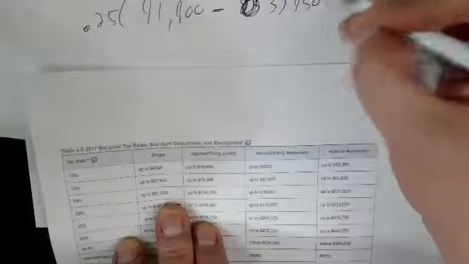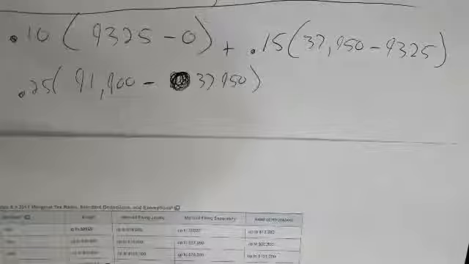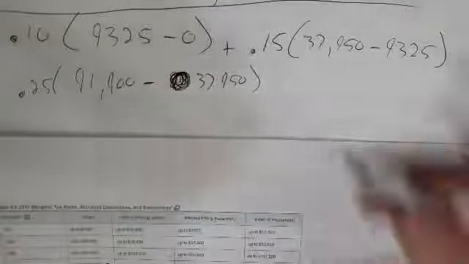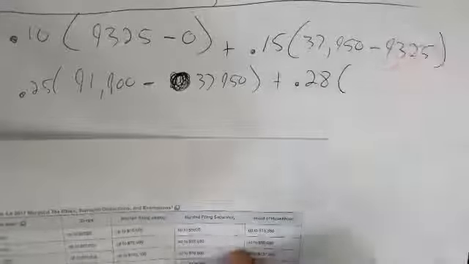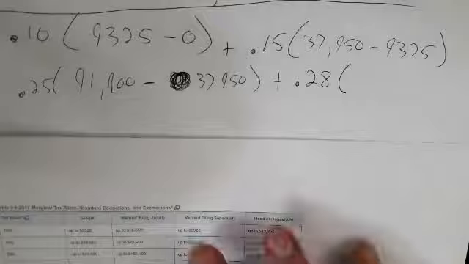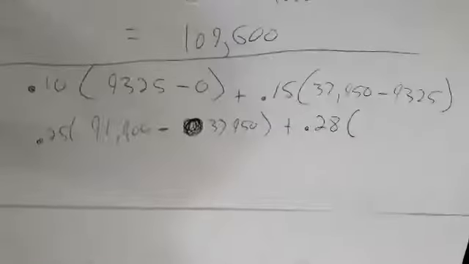And so I should be writing 2 more intervals. 25% now goes up to 91,900 minus, no, wrong number, 37,950 was where I left off previously. And the last interval is my 28% interval. What amount do I go up to? This might be the tricky one.